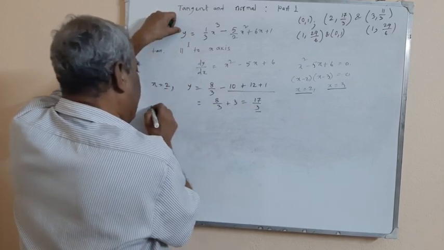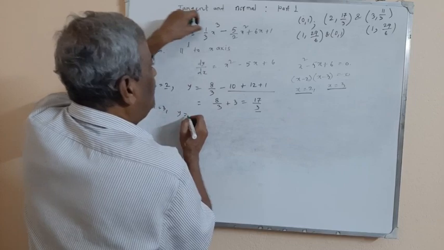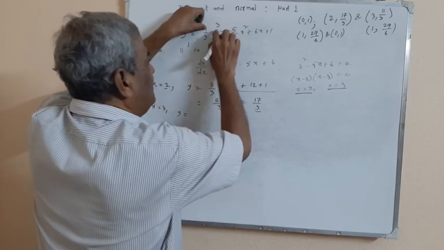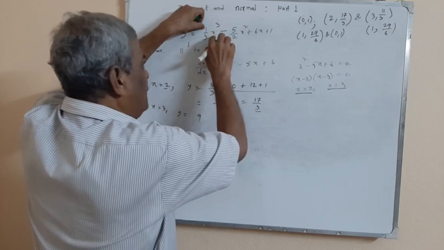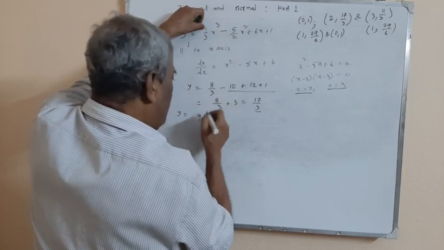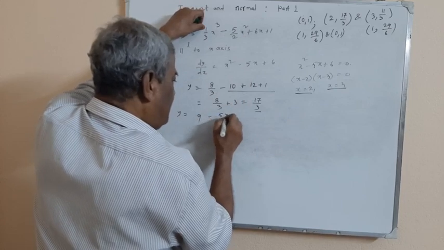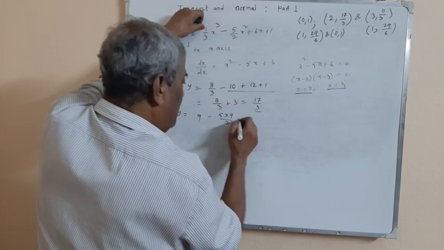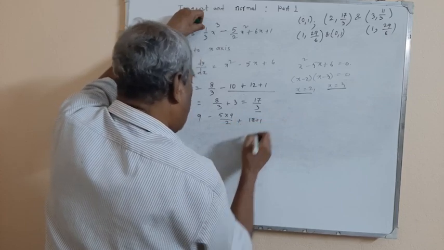And when x is equal to 3, y is equal to 27/3, that is 9. Put x is equal to 3 over there. Minus 5/2 into 9, plus 3 into 6, 18, plus 1.